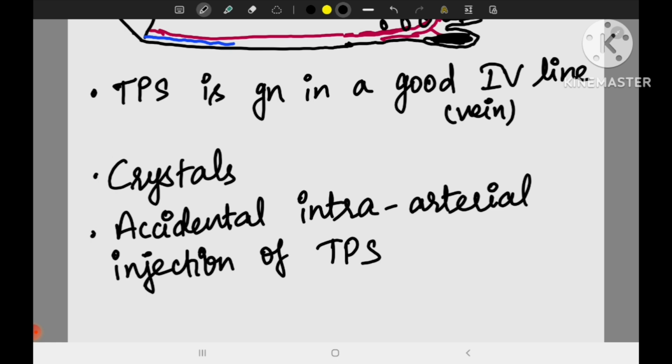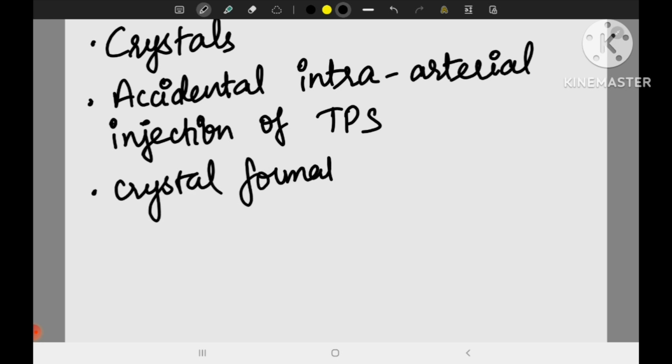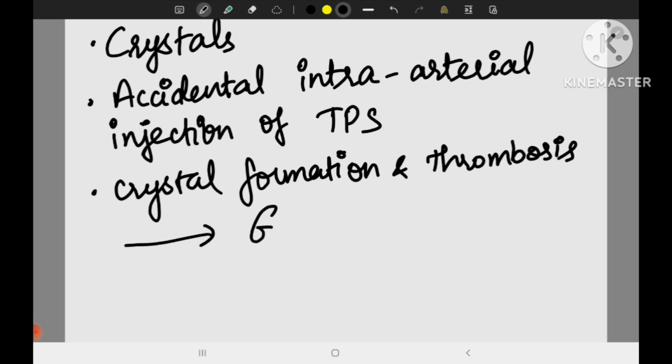That we should remember. So we know that this causes crystal formation and thrombosis, thereby leading to gangrene.